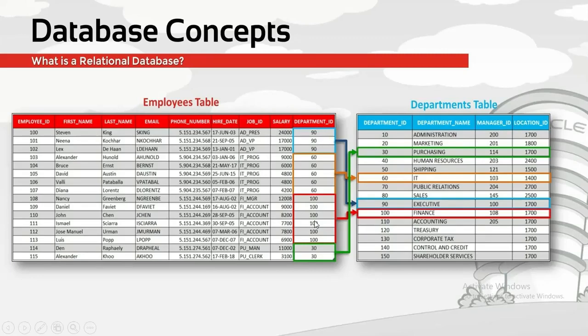But here we have a relation between two columns: department ID in the employees table and department ID in the departments table. Both columns contain department IDs. You can see department IDs 60, 60, and 100 linked to the corresponding 60, 100, and 80 department IDs. This establishes the connection between the employees table and the departments table.